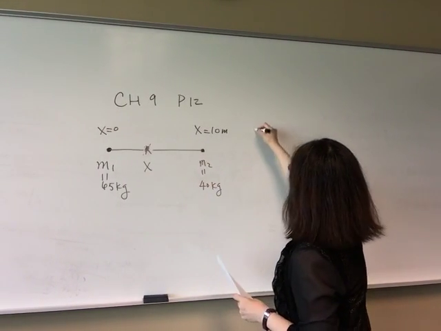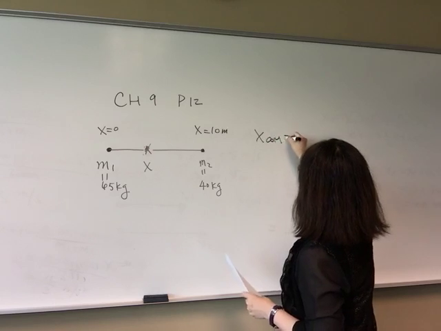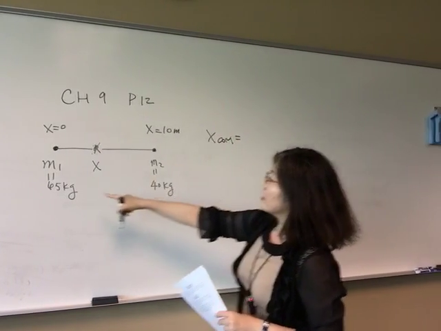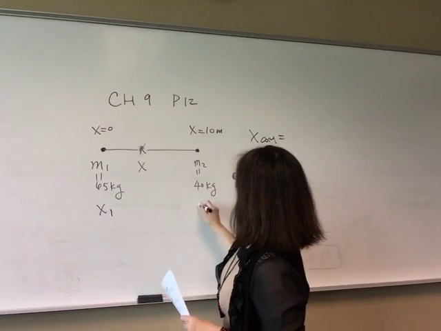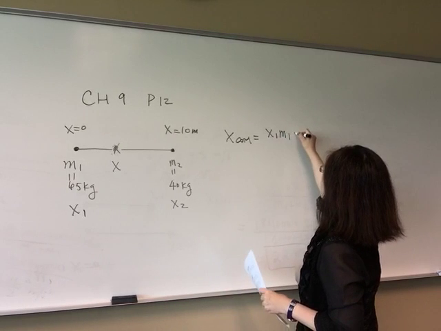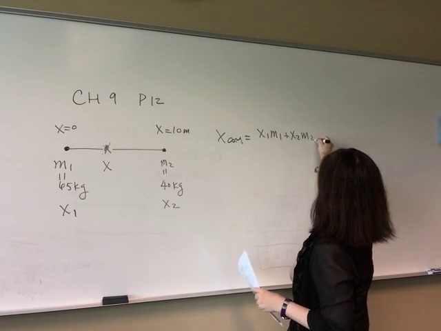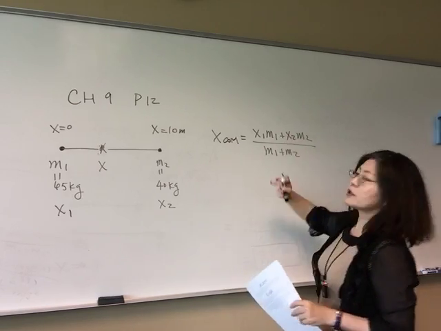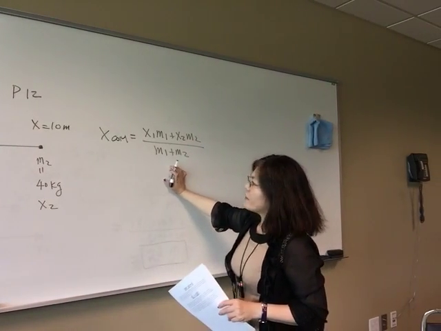In other words, the center of mass, by definition, will be equal to x1 times m1 plus x2 times m2, over m1 plus m2. That's directly from the definition.